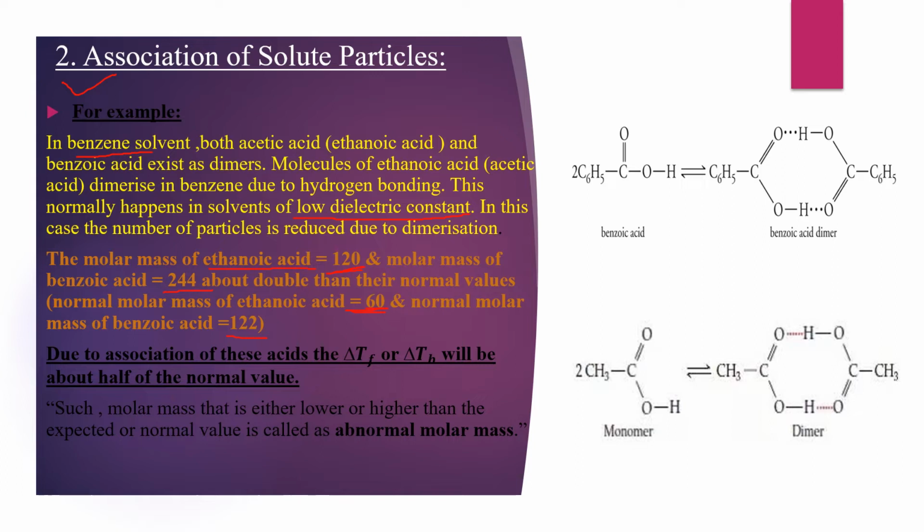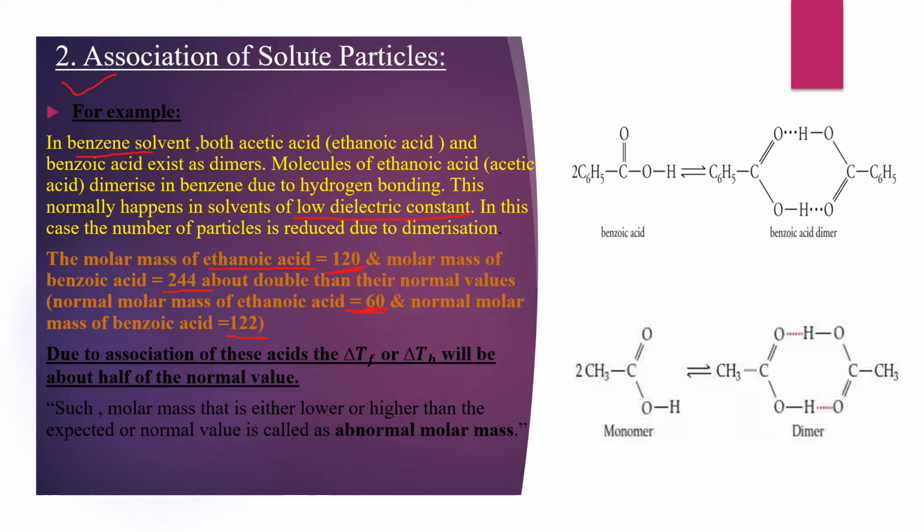Normal molar mass of benzoic acid is 122, but when it is mixed with a non-polar solvent, the molecules of benzoic acid get associated, and due to the association the molar mass increases by double the normal molar mass of benzoic acid.